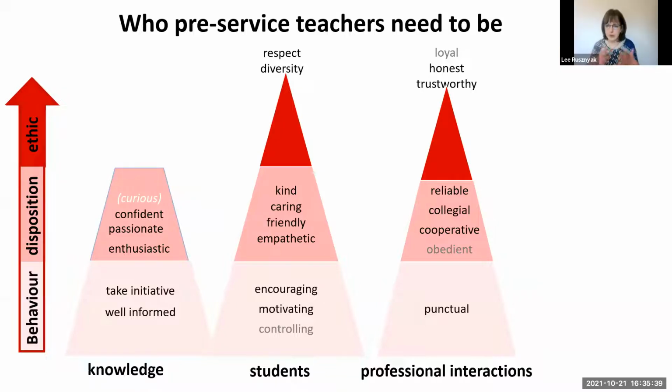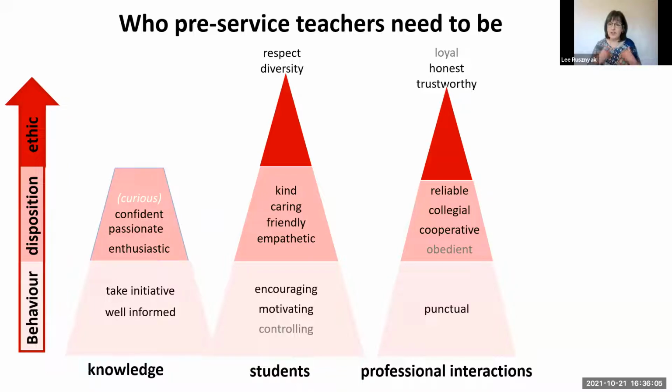So these came directly from the rubrics. In some, you might have dispositions that are reliable and collegial, others are collegial and cooperative, and others are reliable and cooperative. In some of them, they were actually phrased as ethics rather than a collection of dispositions.